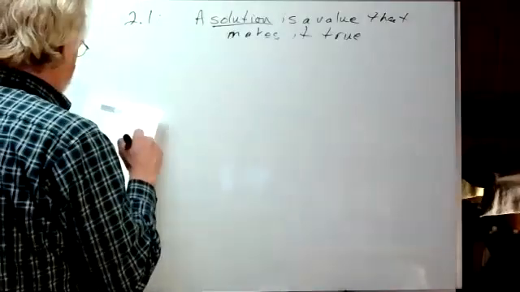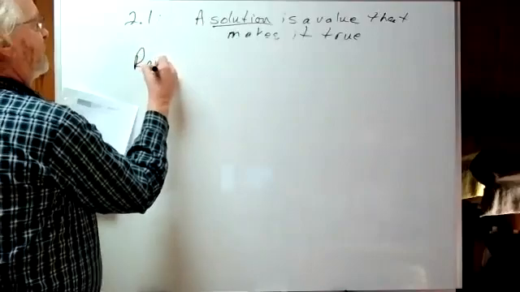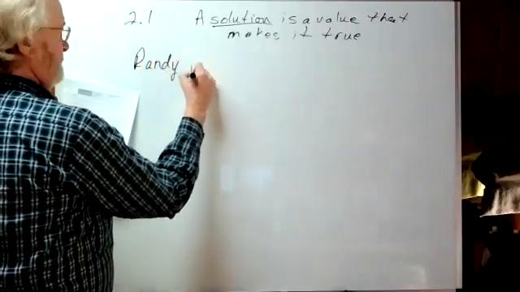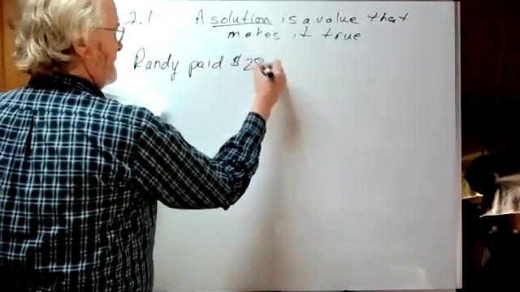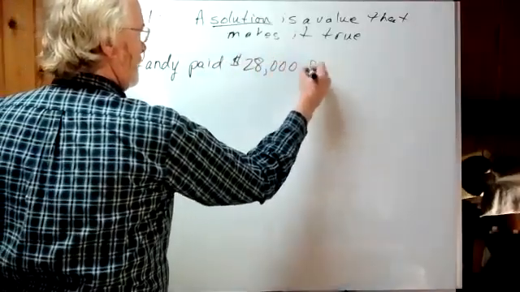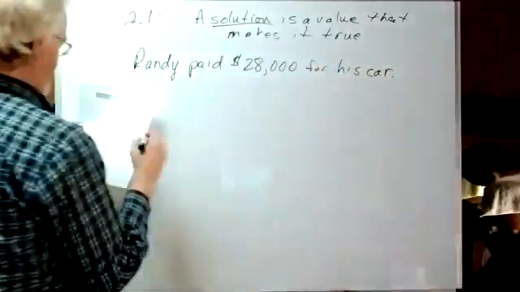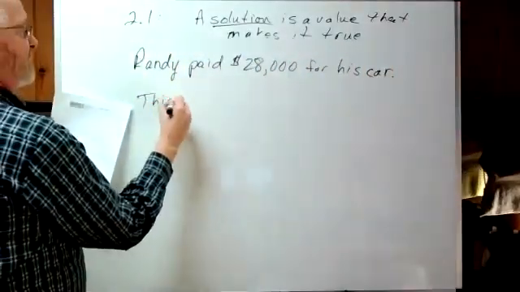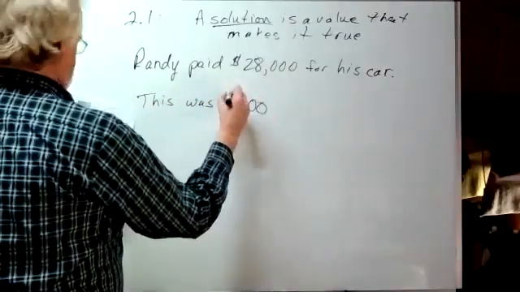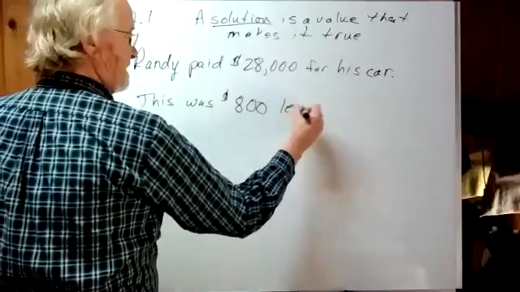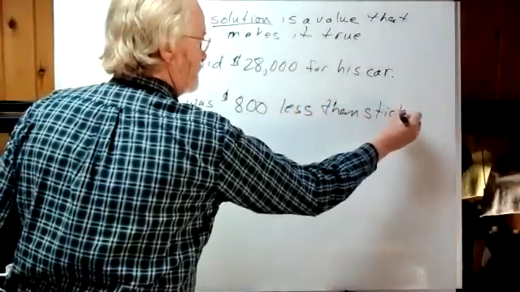Okay, here we go. So let's see. Randy, whatever you want. Oh, make a nice round number. 28,000 for his car. This was $800 less than sticker price.